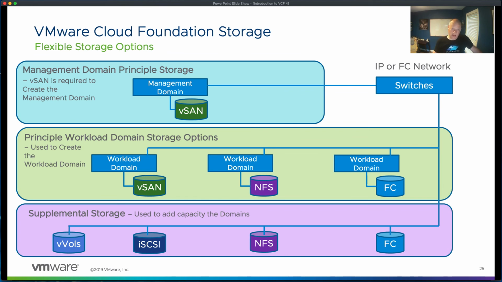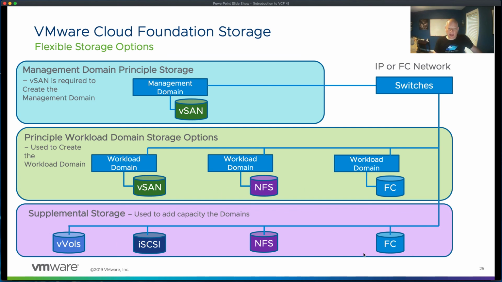And then when it comes to deploying that additional workload domain, we actually give you a little more flexibility there. When you create that workload domain, we give you the choice of using vSAN, NFS, or Fiber Channel. And again, this is only in that creation process. When you initially deploy the workload domain, we need some sort of storage backing it, and you can choose these 3 different types. If you want to add more capacity after it's created, you can use any of these ones on the bottom that are different supplemental storage.